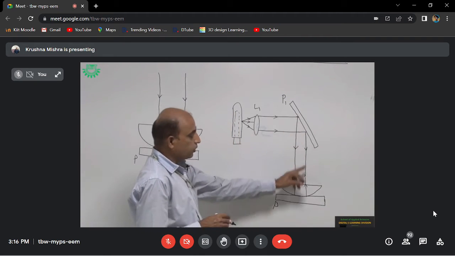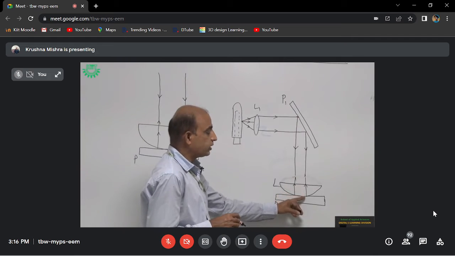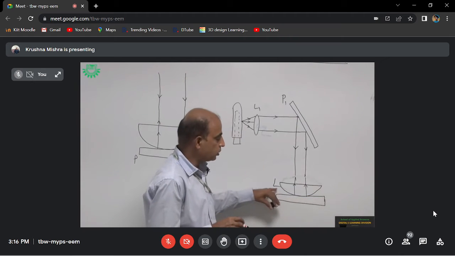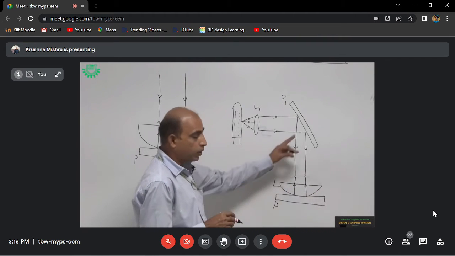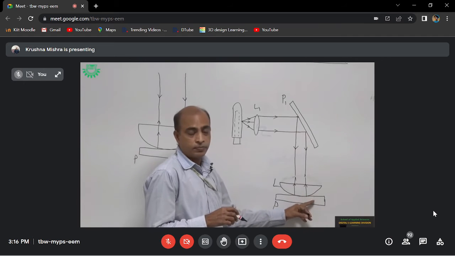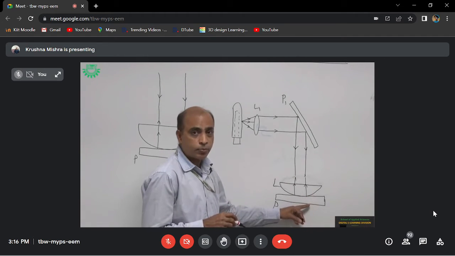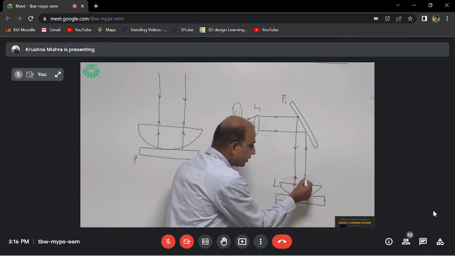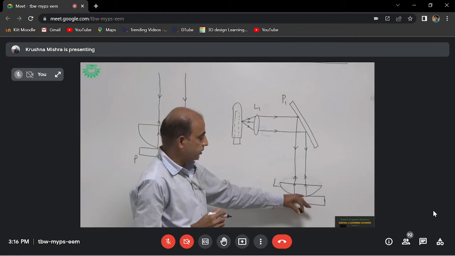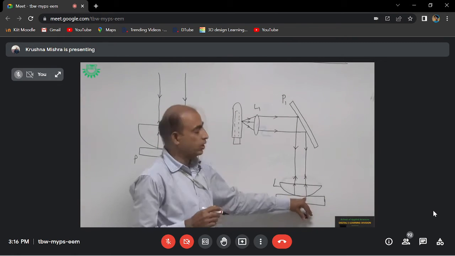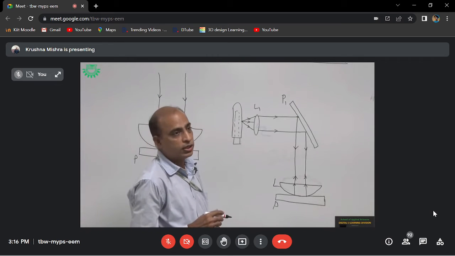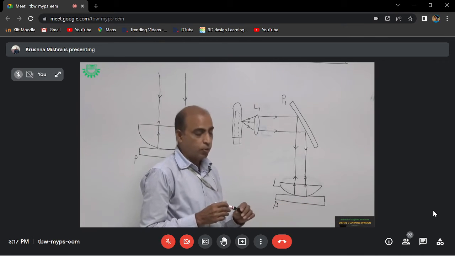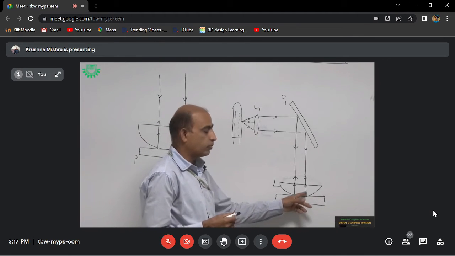So one part of the incident ray is reflected from the lower surface of the denser medium, that is the convex lens, and a part after refraction through the air film gets reflected back from the glass plate, so that these two reflected rays interfere with each other, and as a result interference fringes are formed with alternate bright and dark rings with its center, that is the point of contact in between glass plate and plano-convex lens.